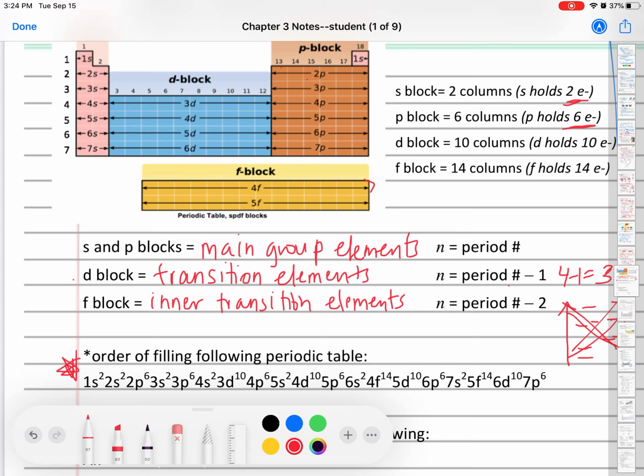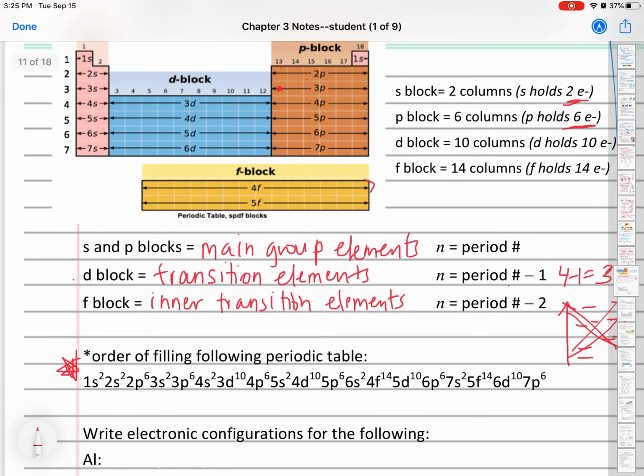So the first one we have is aluminum. And you can't tell here, but aluminum, if you look at your periodic table, is, I want to make sure I get it right. So aluminum is right here on the periodic table, okay? So we're going to start here, and we're going to fill up to that point.